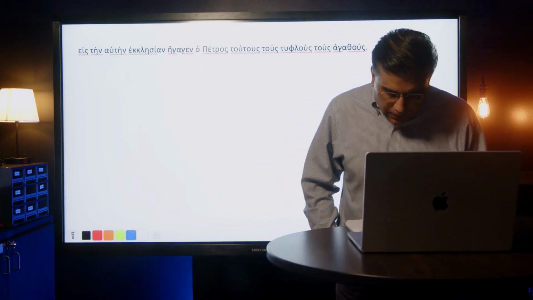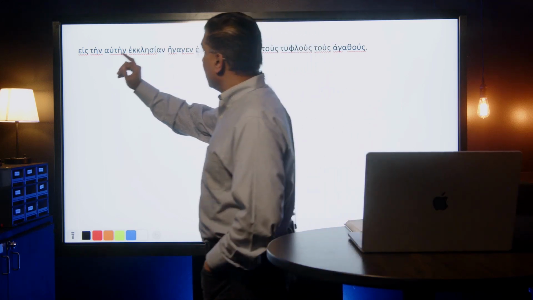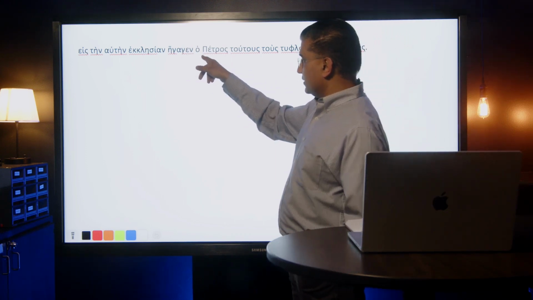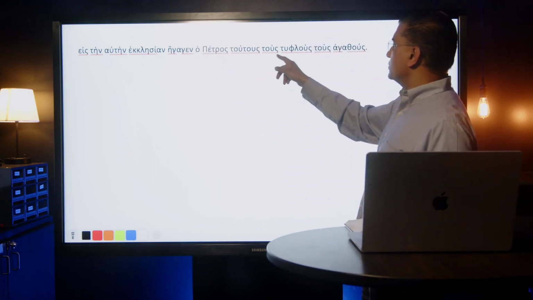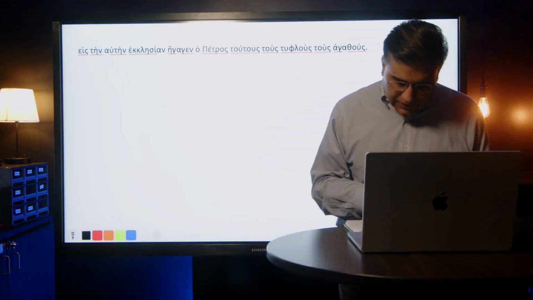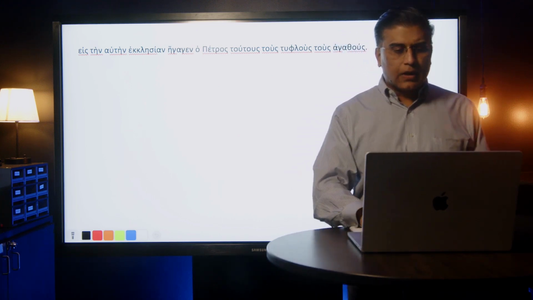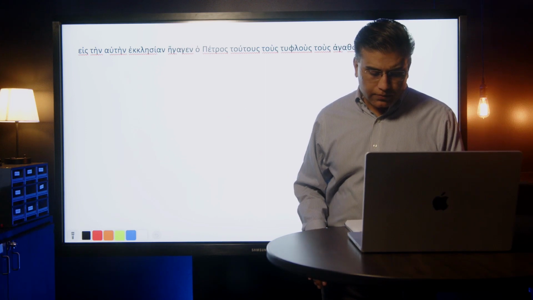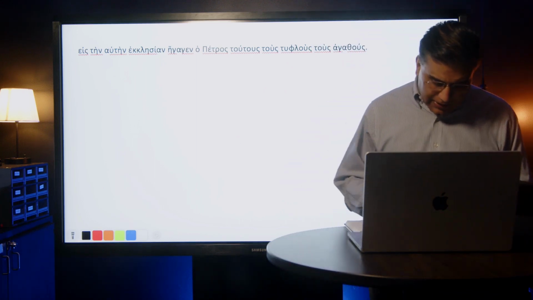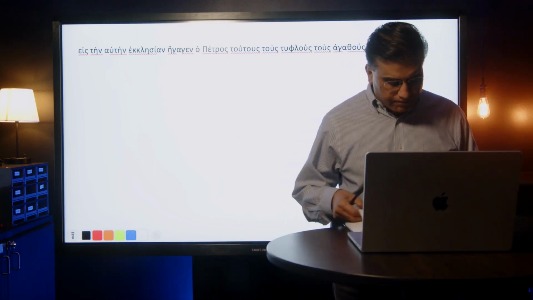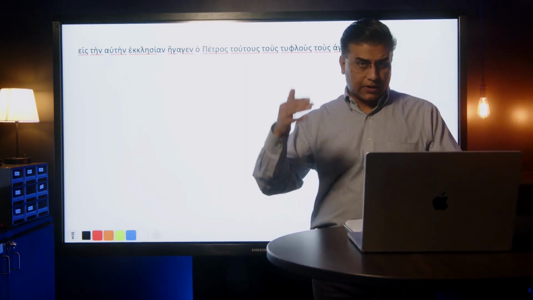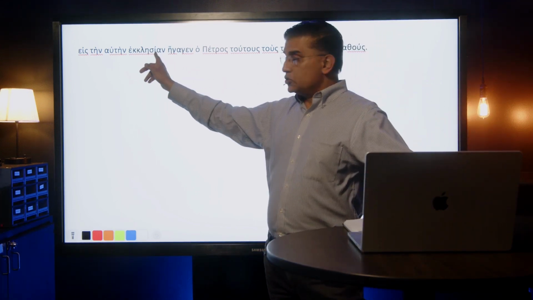This one is a long one. Eis tēn autēn ekklēsian eisēgagen ho Petros toutous tous typhlous tous agathous. So let's break it down. Eis tēn autēn ekklēsian. So if you go back in this chapter, those demonstratives can take on the idea of kind of like that reflexive, into the same church.